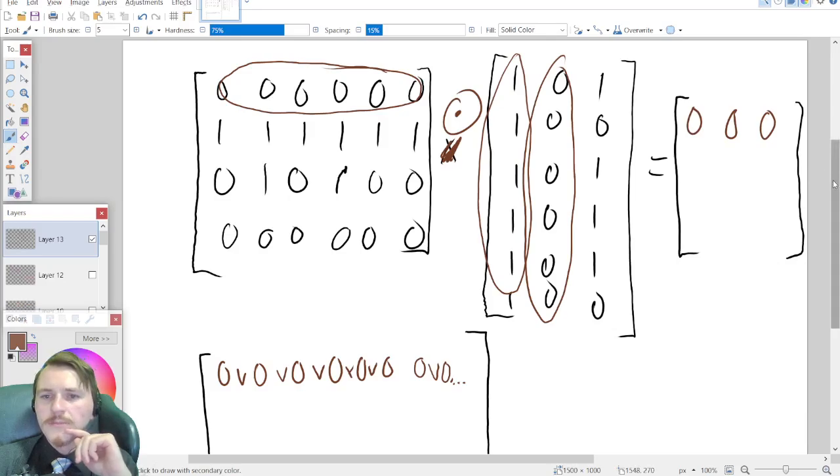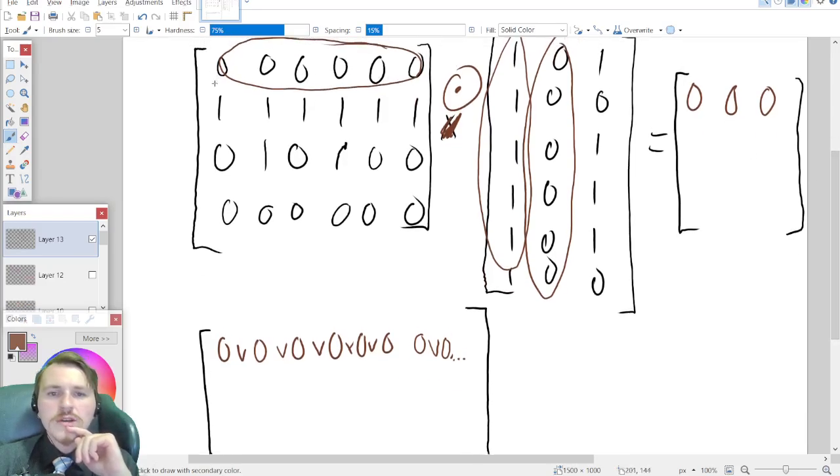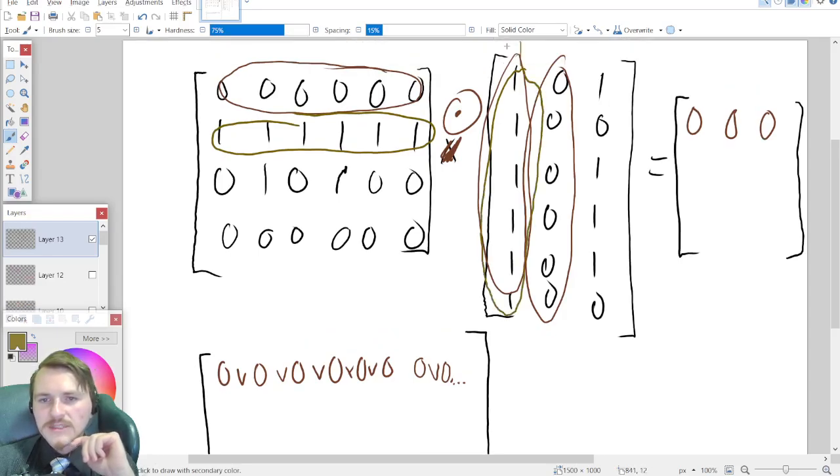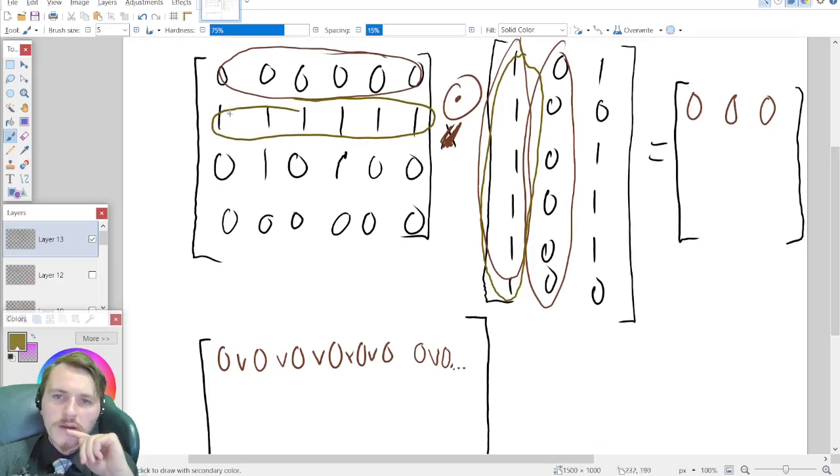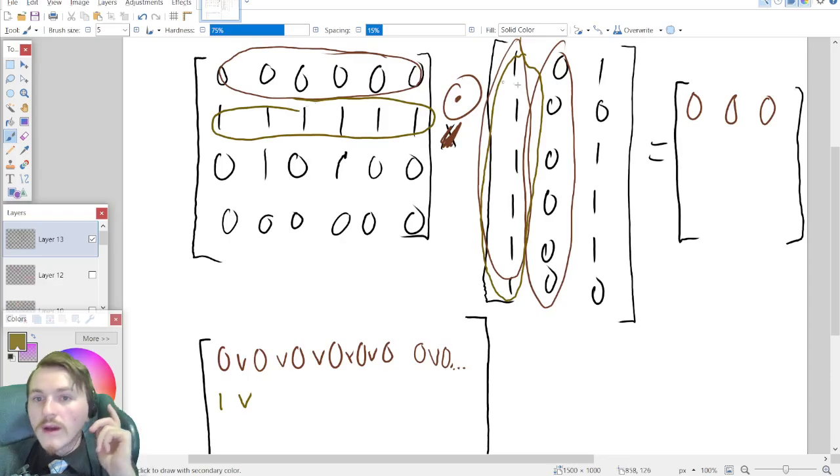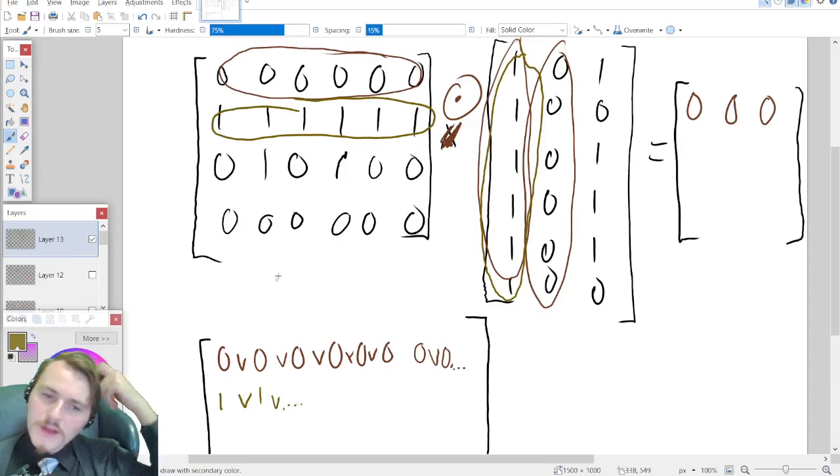Let's try the next row. The next row has a bunch of 1s in it, times a bunch of 1s. What should we automatically assume is going to happen? Just looking at this, 1 and 1 is 1, or... do we bother going on? 1 and 1 is 1, or... do we even bother with it?